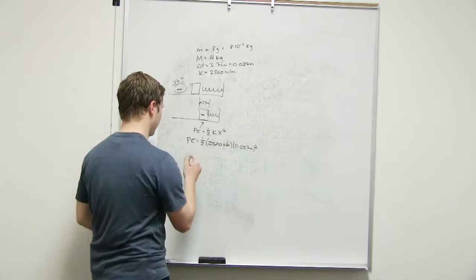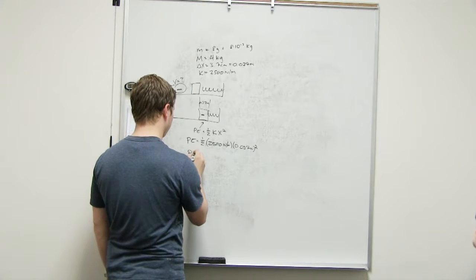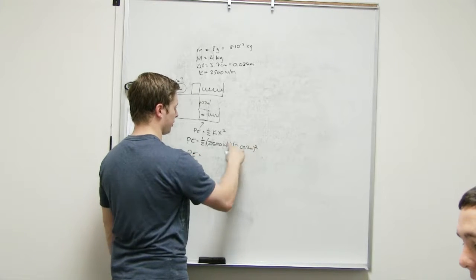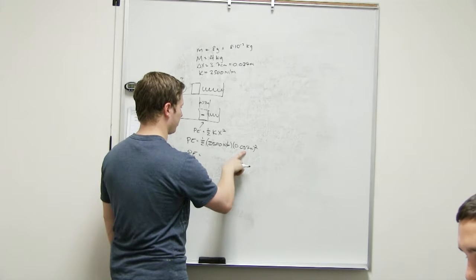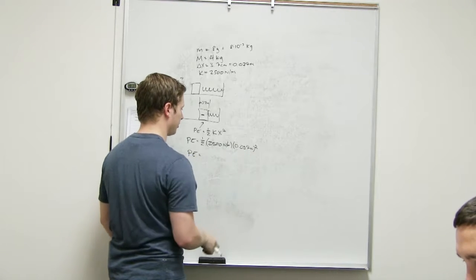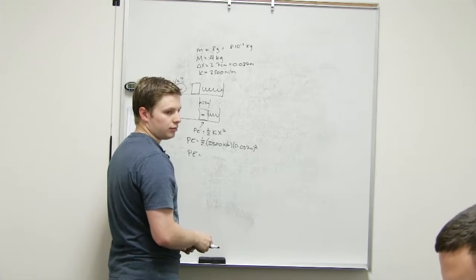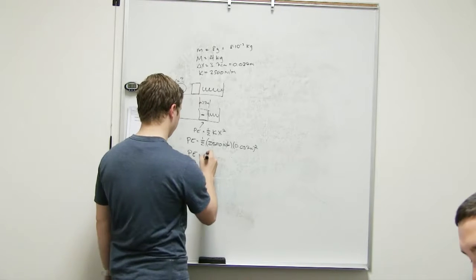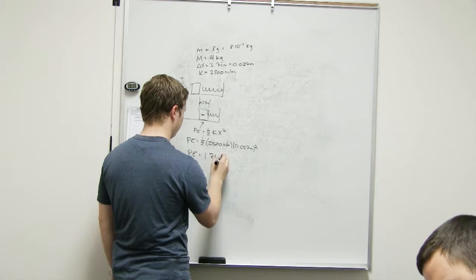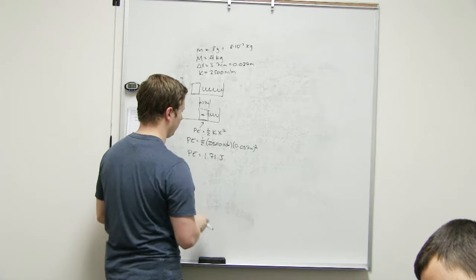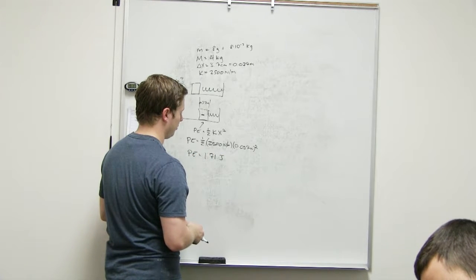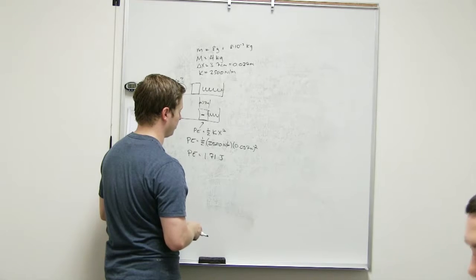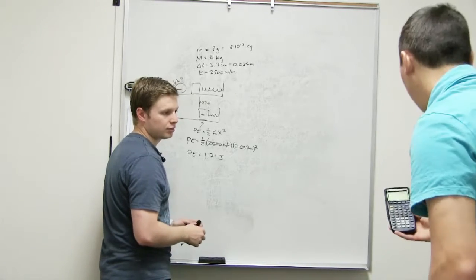46.25. Oh wait, never mind, I didn't square. Yeah, so make sure you square that: 0.5 times 2,500 times the 0.037 squared. Yep, so 1.71. That seems small. Yeah, that's right, though.